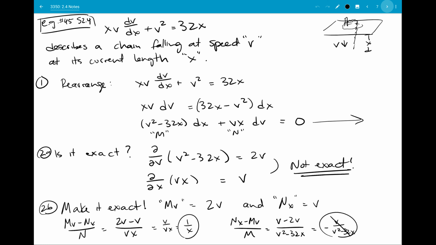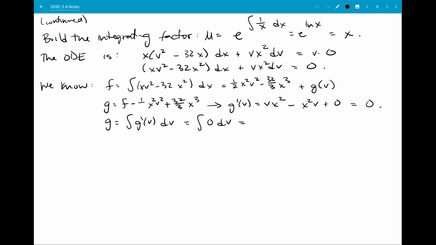But when you get to this point and you're looking at an integral of 0, you would say, I don't know how to integrate 0 except to make it a constant. So if you wanted to, you could say, okay, that's a constant. Then you know f is equal to 1/2 x squared v squared minus 32 over 3 x cubed plus a constant.